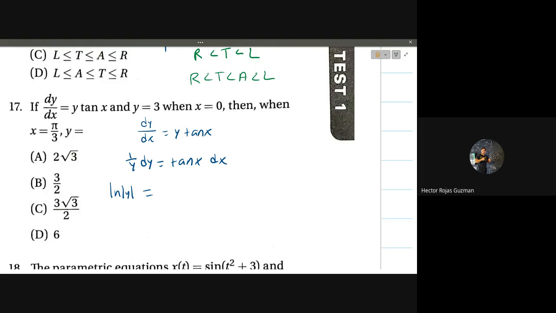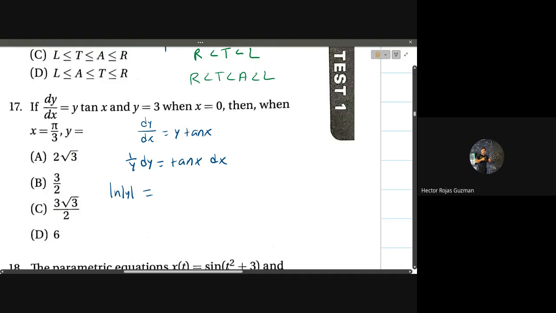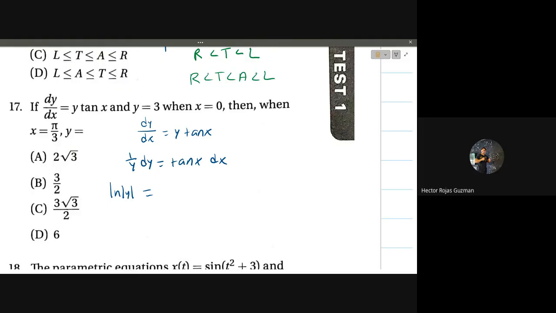The antiderivative of tangent, that's a little tricky. Tangent is technically sine over cosine.